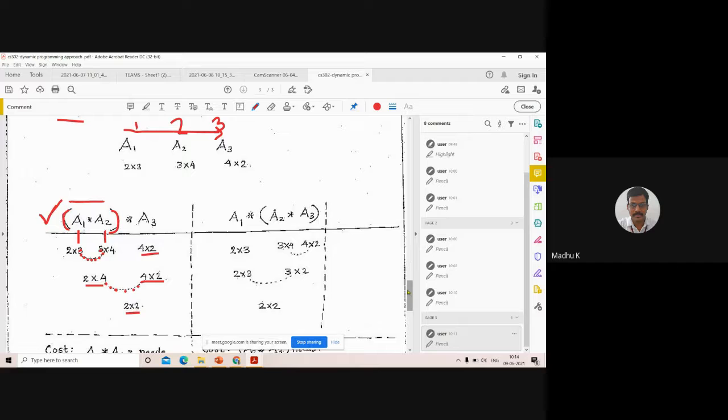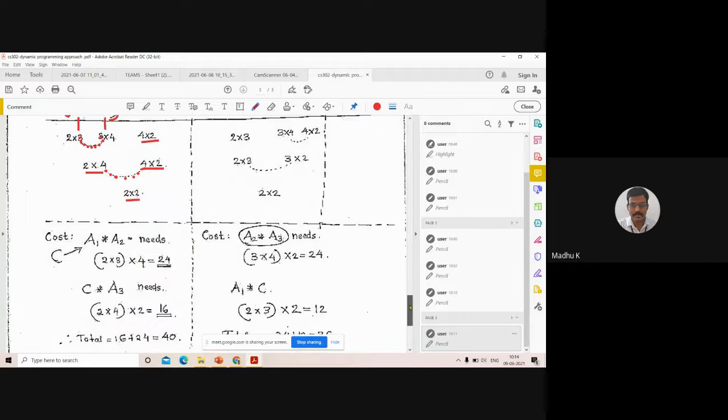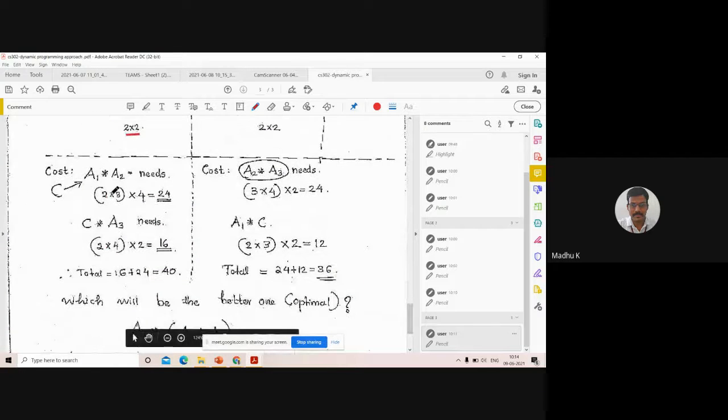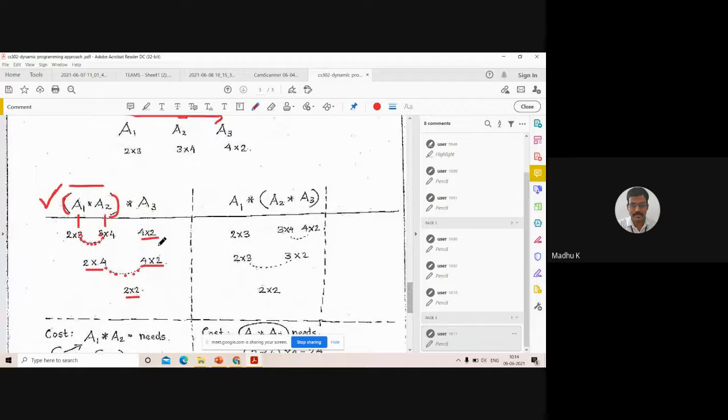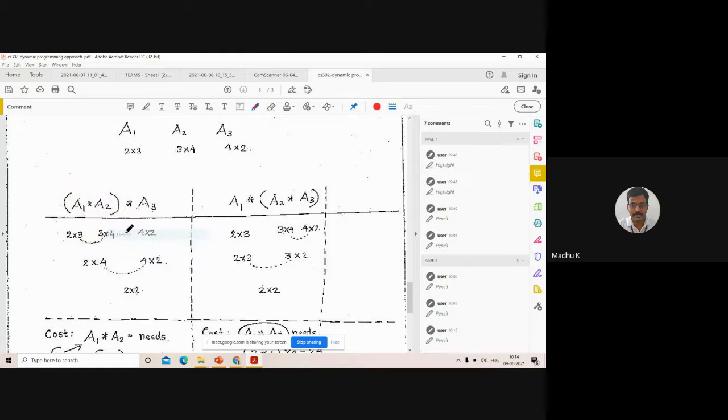Now I want to find out how many basic multiplication operations are needed. For example, which multiplication will I do first? This one, a1 star a2. I will perform this multiplication first.